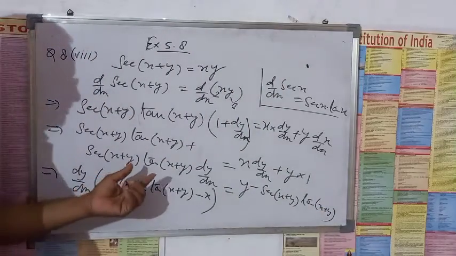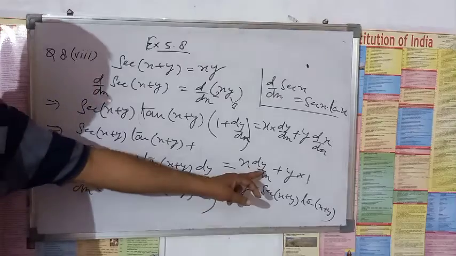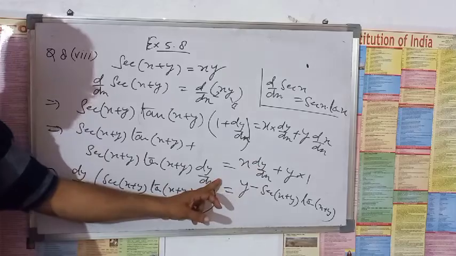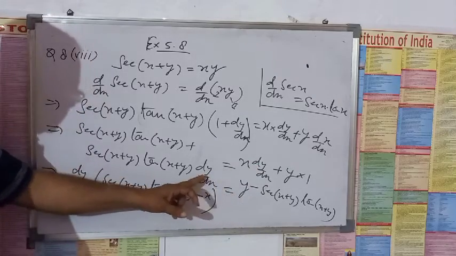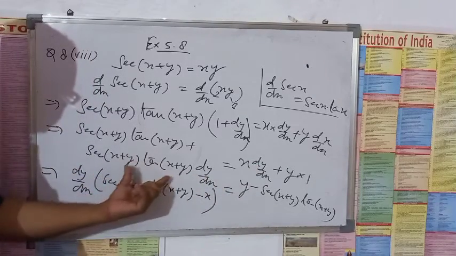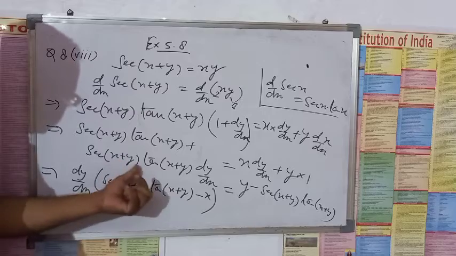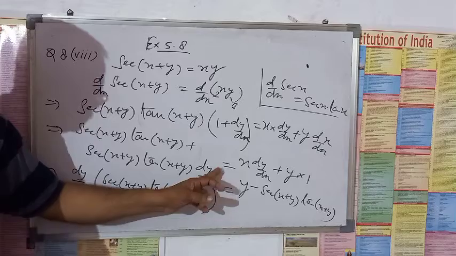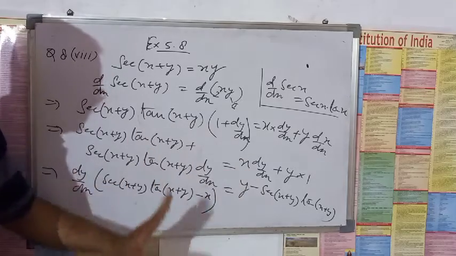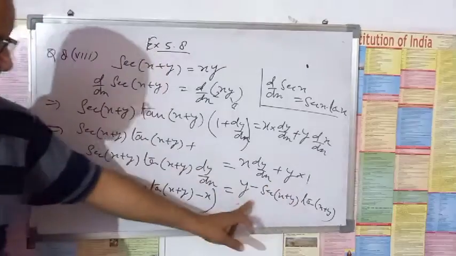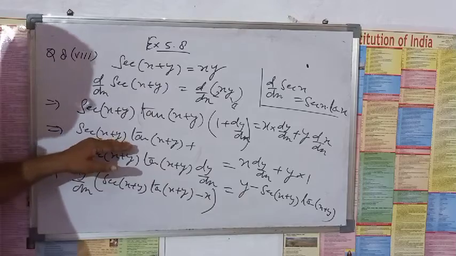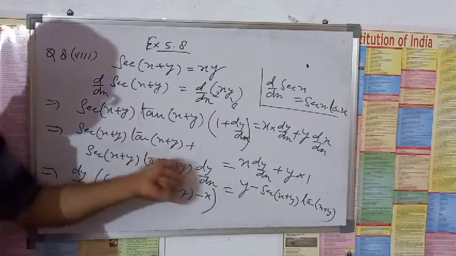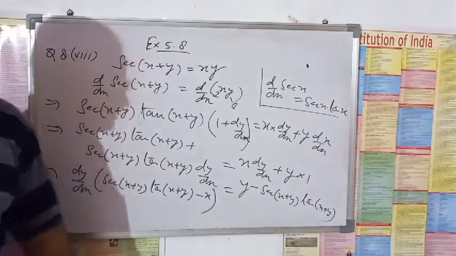So see here what we have done. We have transposed dy by dx to the left side, so it will be minus x into dy by dx. And after that take dy by dx common. So from here we get sec(x plus y) tan(x plus y) minus x, and transposing the first term to the right side, y minus sec(x plus y) into tan(x plus y).